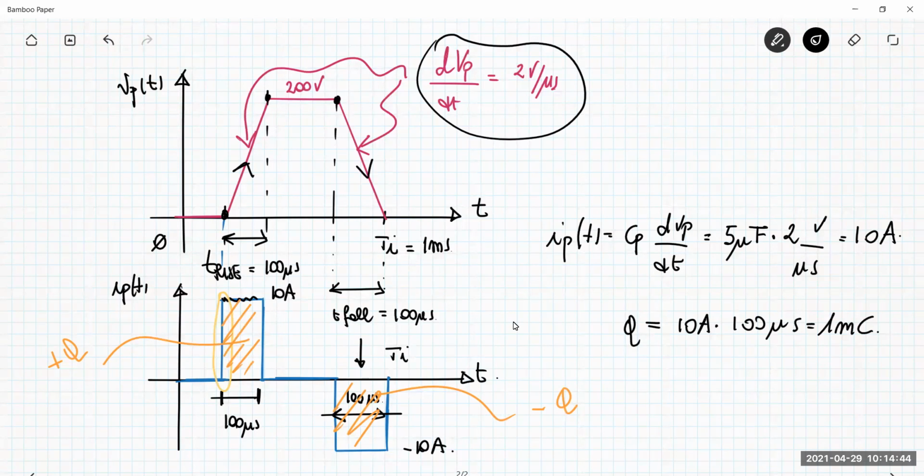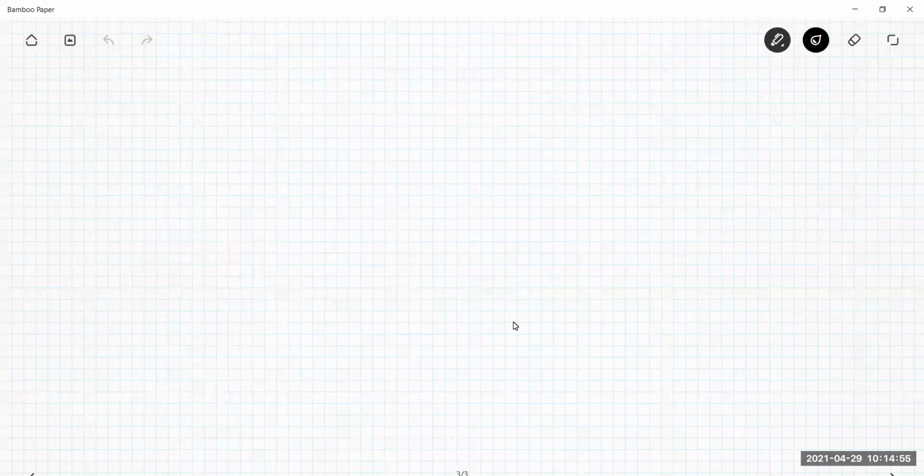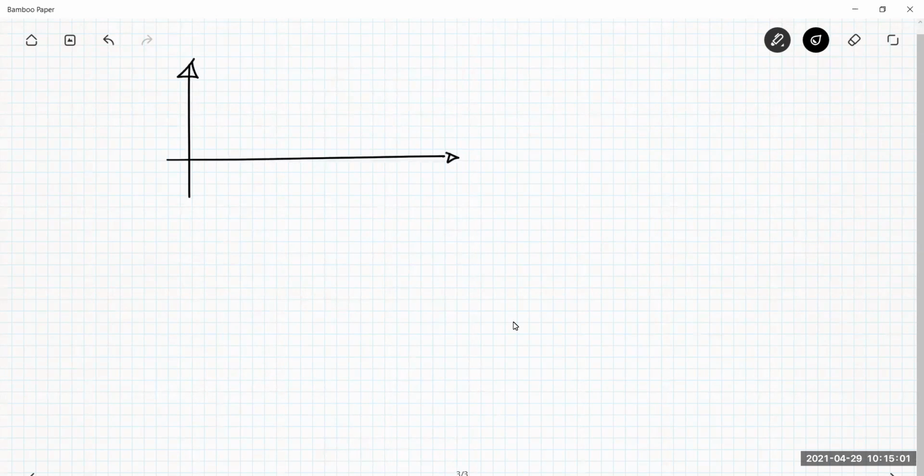Okay. How can you make it possible to have this variation of the average voltage at the output of the half bridge? Remember, this is done by changing the duty cycle of the half bridge. Okay, this is the discussion that we already had before. Let me call this Ti.